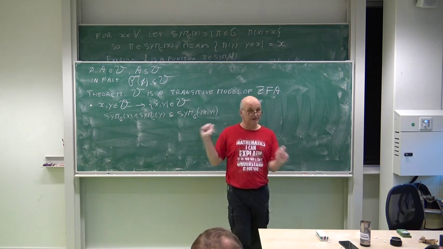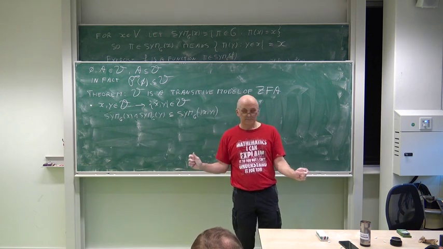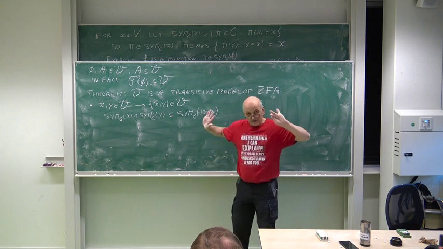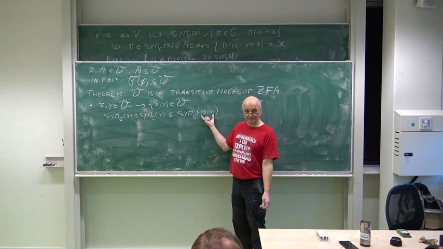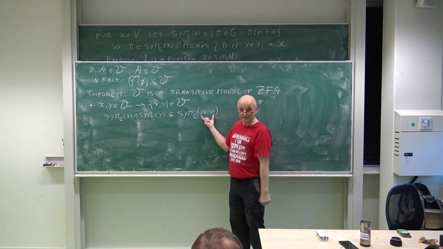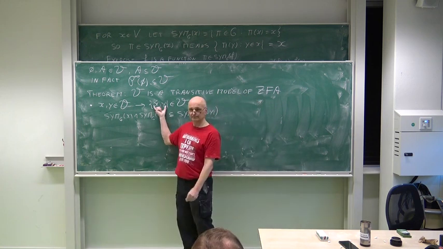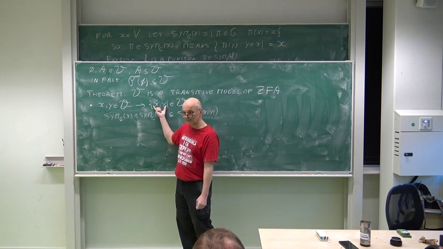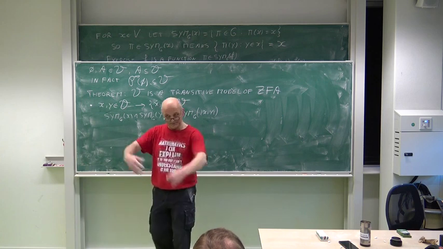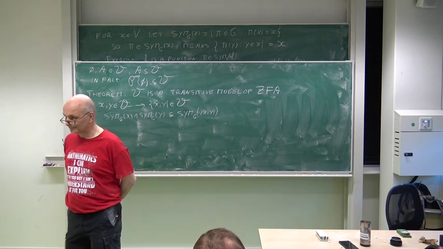We have this inclusion done. Okay, this is symmetric. Is it a subset of V? Yes. Because x and y were from V. And so by the recursive definition, it's hereditarily symmetric.